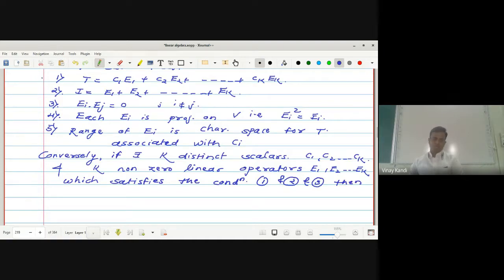Which ones? 1, 2, and 3. If these three conditions are satisfied, then T is diagonalizable.